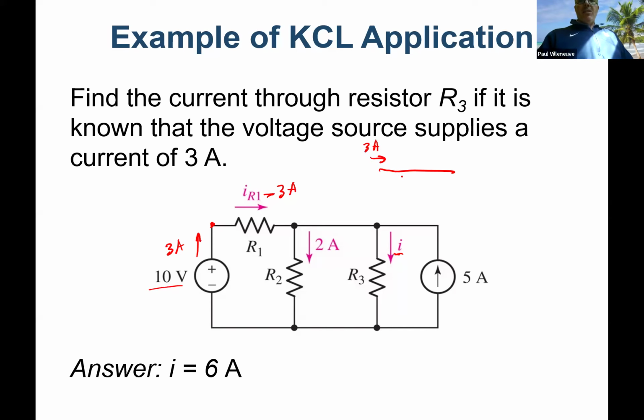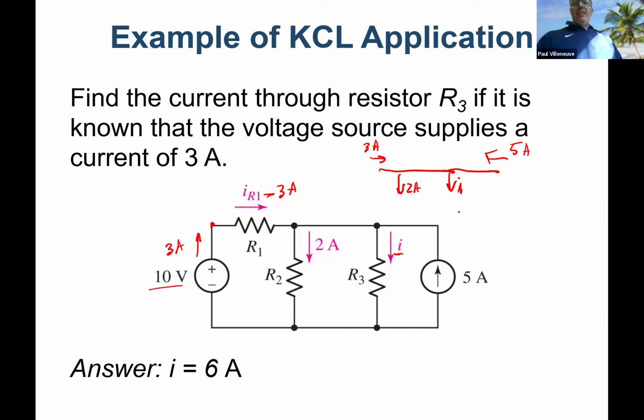Now, I'm going to just go ahead and draw things hopefully pretty simply. I have 3 amps going here, 2 amps going here, an unknown current going here, and 5 amps going in here. Using that term, the sum of the currents in equals the sum of the currents out.